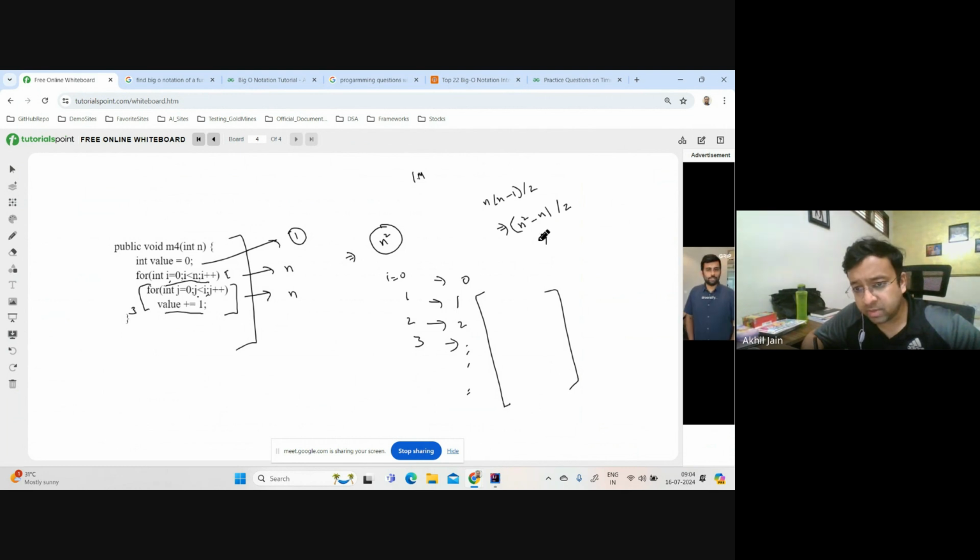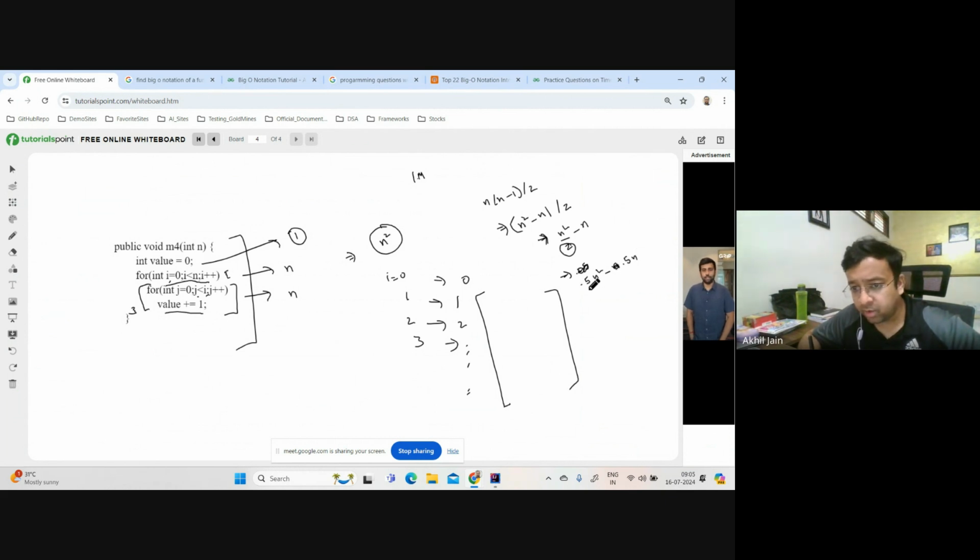So it will be n square by 2 minus n by 2. You can treat n by 2 as 0.5 n square minus 0.5 n.